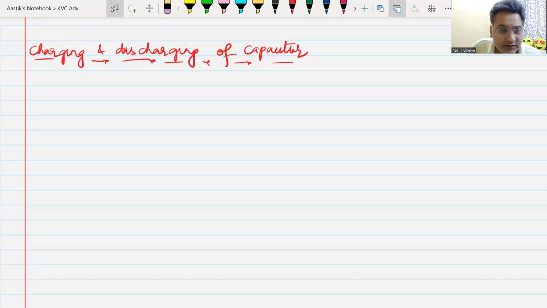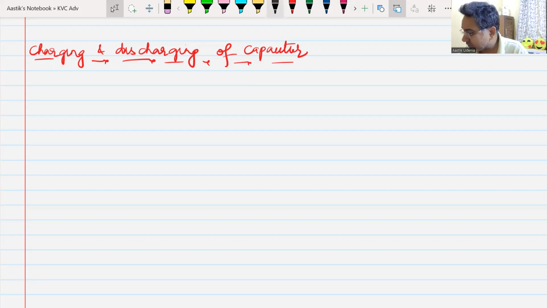So that takes us to the last part of this capacitor chapter, which is charging and discharging of the capacitor. What is this charging and discharging of the capacitor? We can talk about 3 different stages of RC circuit.